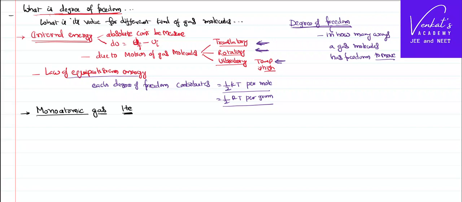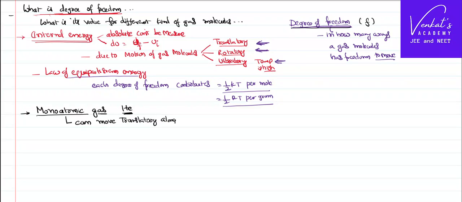So we are talking about a monoatomic gas, having only one atom. When you talk about that one atom, how many degrees of freedom does it have? We would like to discuss that first. A monoatomic gas molecule can have translatory motion.